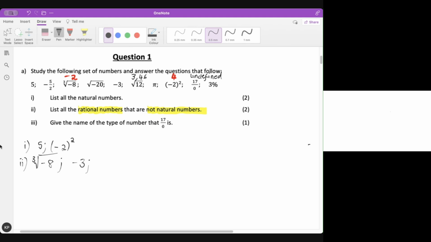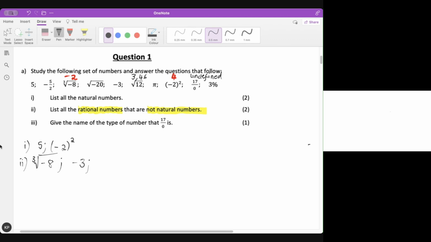So if you have 3,5555555 till infinity, that would be considered rational. Are you with me? But as soon as you have a fraction that has unpredictable decimals, then you don't consider it rational. Does that make sense for everybody? Are we happy with that?